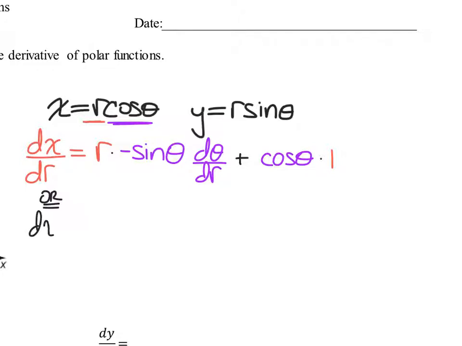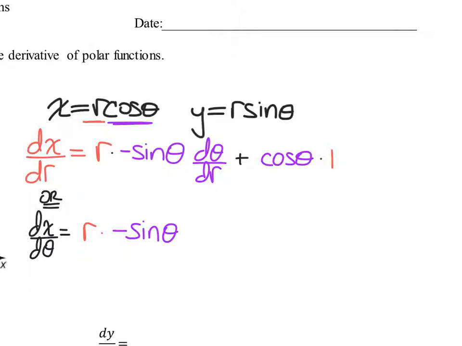Or I could say dx/dθ. So I'll do the same process again, just this time with θ as my independent variable. So first times the derivative of the second, still the same idea. So r times the derivative of cosine, which is still negative sine.